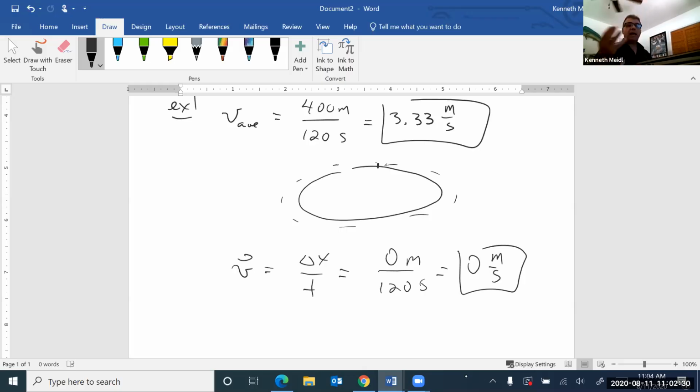And this very idea of average speeds and velocities is really what confused the ancient Greeks considerably. So much so that some of these very, very smart people that lived over 2,000 years ago were not only confused about motion.